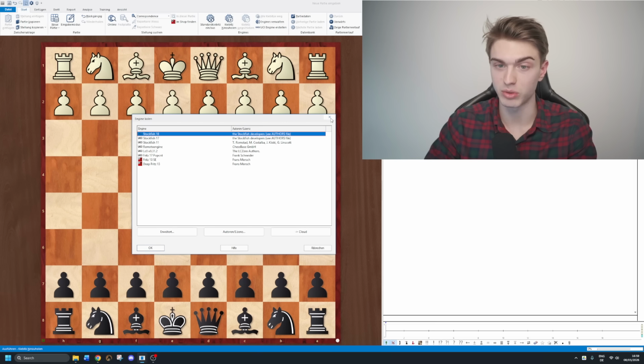How I'm usually analyzing, those 16,000 kilonodes per second, I think this is pretty decent. But if you're analyzing on a laptop, I think what I usually got was something like 4,000. You can get around with that. Sometimes you're just going to need to wait a little bit longer for it to reach a bigger depth. But I wouldn't be too focused on that in general.